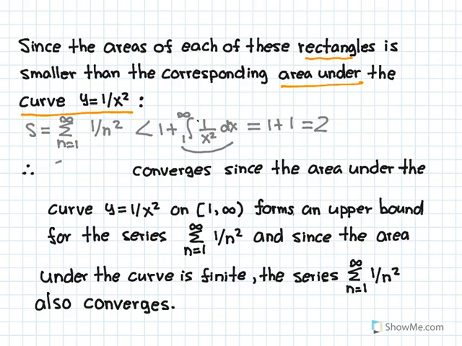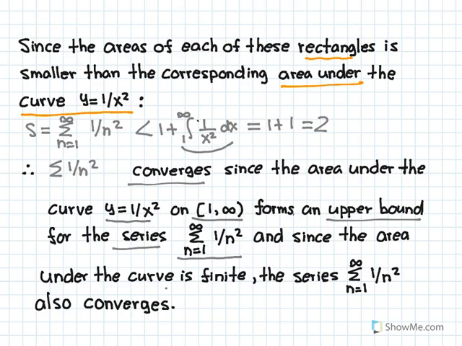That means summation 1 over n squared converges because the area under the curve y equals 1 over x squared on 1 to infinity forms an upper bound for the series summation n equals 1 to infinity 1 over n squared, because the area under the function was larger than the areas of each of the rectangles that were actually terms of the series.